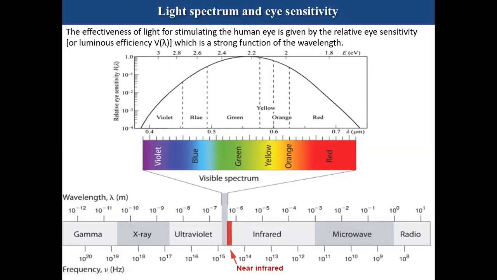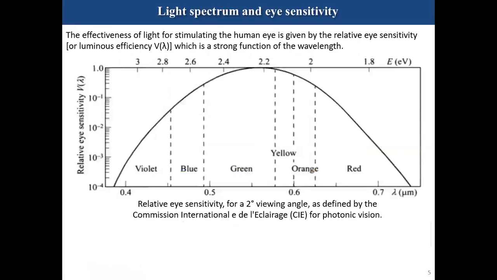Now, not everything is equally sensitive to our eyes, and if you consider the eye sensitivity, then this is the region which has the highest sensitivity. So when we are building up LEDs, we need to be thinking about these parameters.